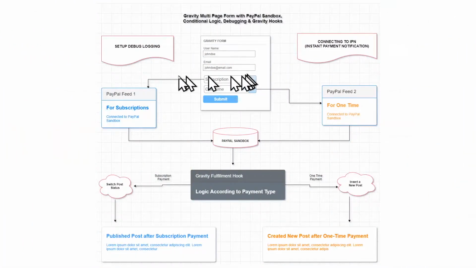In this one, we will first set up the debug logging with Gravity and set up IPN, or instant payment notification, with PayPal Sandbox. Then create two separate feeds to handle subscription and one-time payments, and they will also be configured to connect to PayPal Sandbox. And once we do, we will perform transactions to see if they're successful.